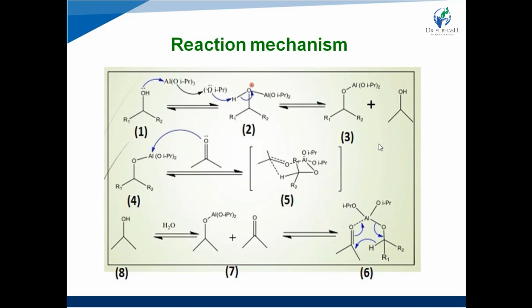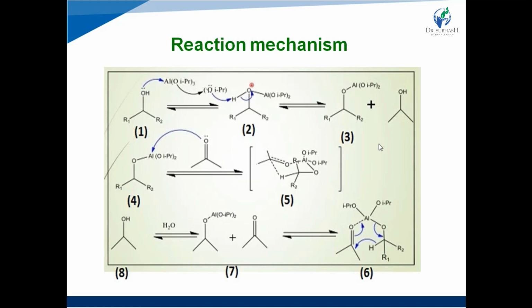Now see the reaction mechanism. In the first step, aluminium isopropoxide binds with the OH group of the secondary alcohol and forms the intermediate. During this, what happens? When aluminium attaches to the oxygen, one isopropoxide group is released.